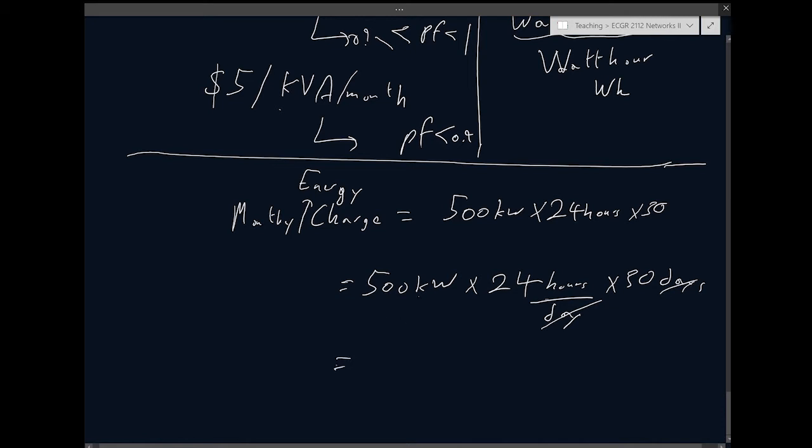Of course, this is times $0.02 per kilowatt hour. Right? And this kilowatt hour cancels with this hour and this kilowatt. So if I do the math, I do 500 times 24 times 30 times 0.02, I end up with $7,200.